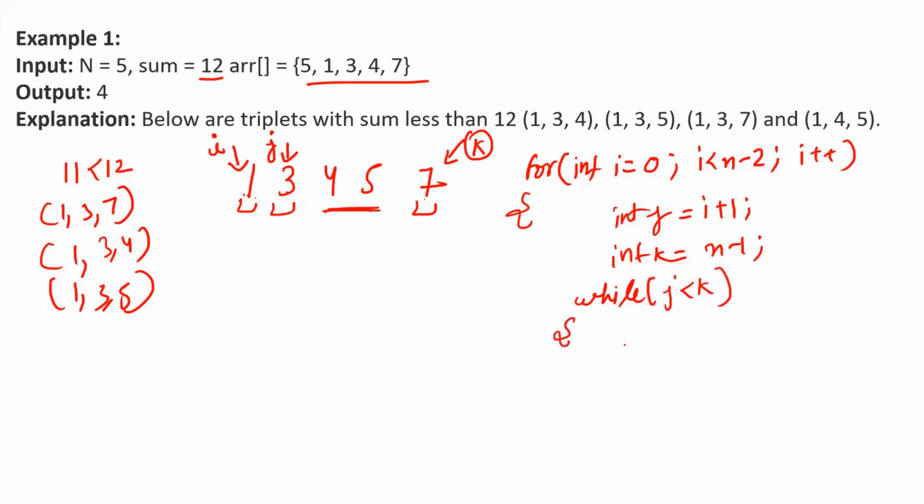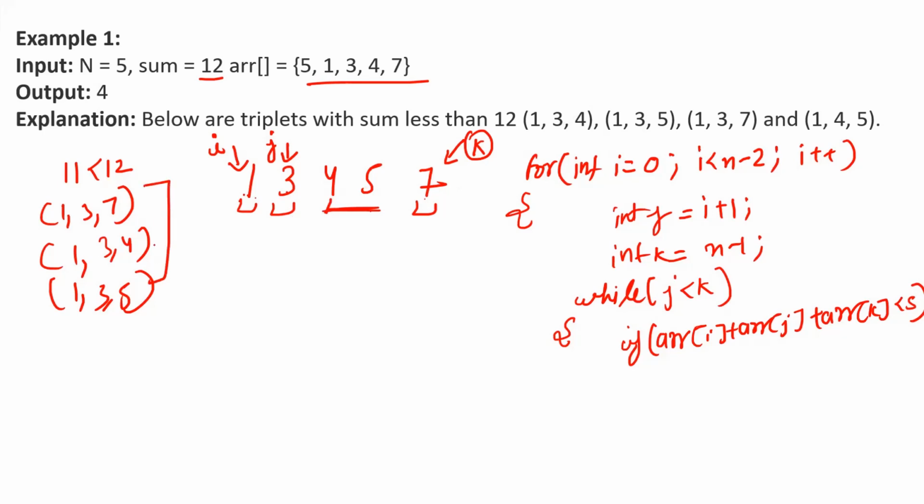And here we'll check if ARR of i plus ARR of j plus ARR of k is lesser than the sum, which I have written as S itself. If it is lesser than the sum, then what will be the count of possible pairs? You can see here, we got 3 pairs.